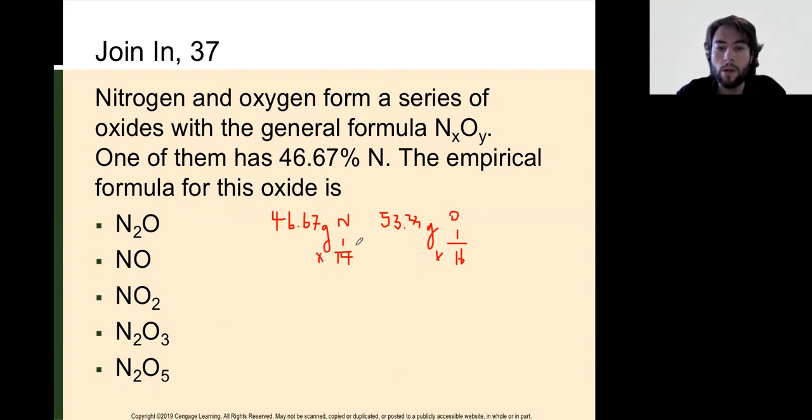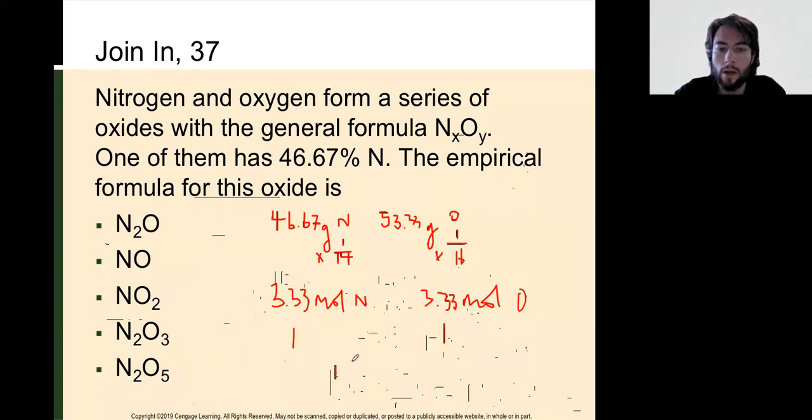Okay, so we then find out that we have about 3.33 moles of nitrogen and about 3.33 moles of oxygen. So the molar ratio here is going to be 1 to 1. So we have NO as our empirical formula, this one.